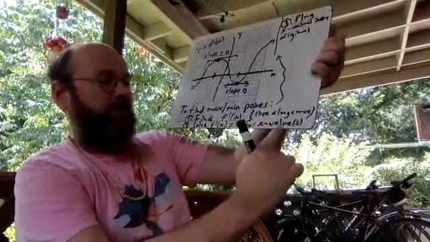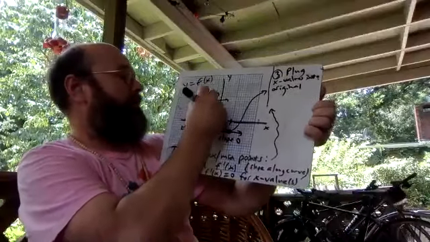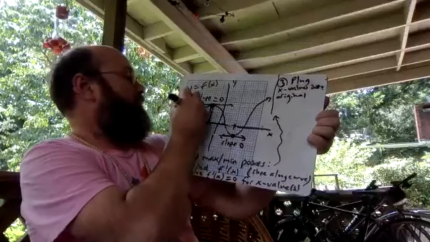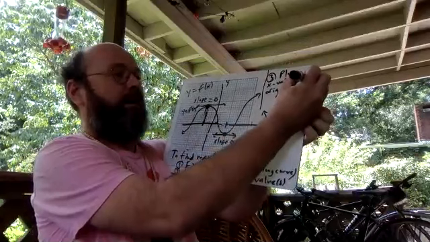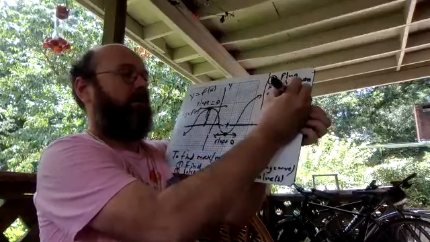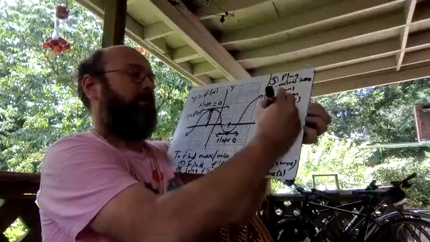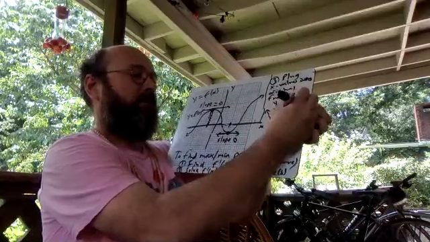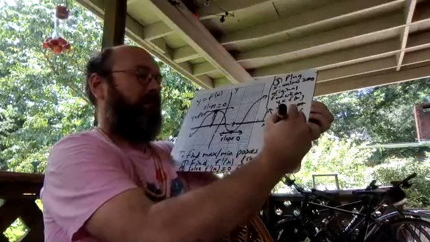So once you've found these x values, you want to plug them back into your original function, y equals f of x, to get the maximum and minimum y values.